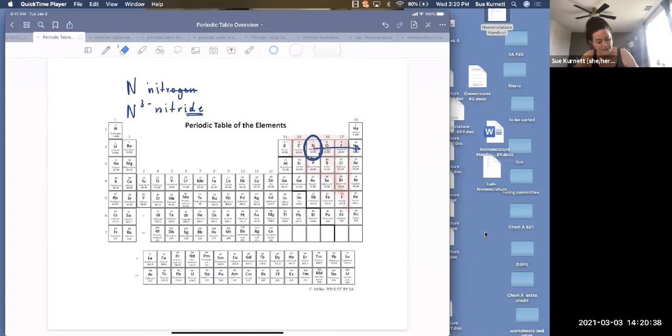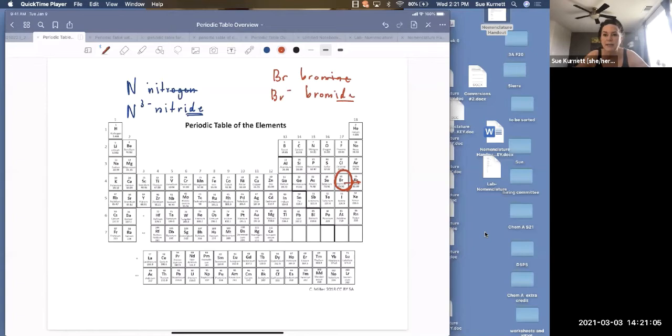Let's do that again. Here we have bromine. When bromine gains 1 electron to become isoelectronic with krypton, the name changes to bromide.